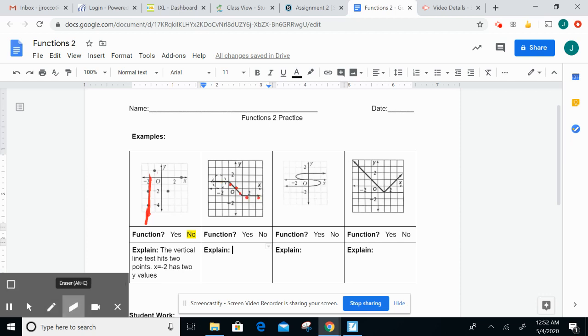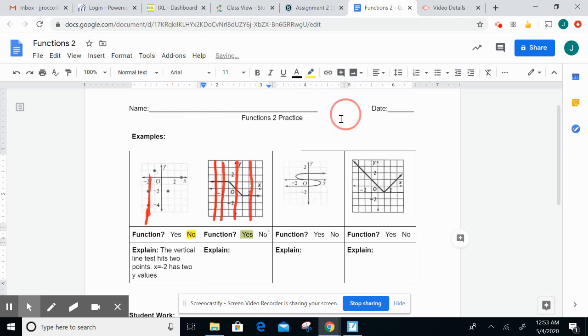And so when you do the vertical line test, it never hits more than 1 point right there, right there, right there, and right there. So the answer is, yeah, it's a function. And the reason: the vertical line test only hits 1 point at all times.